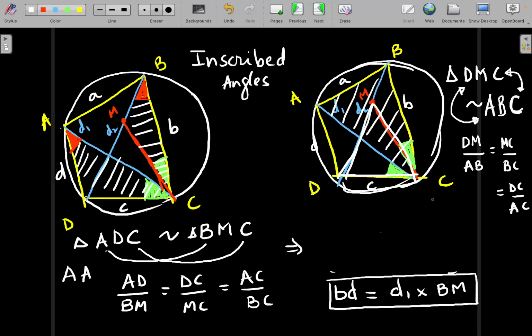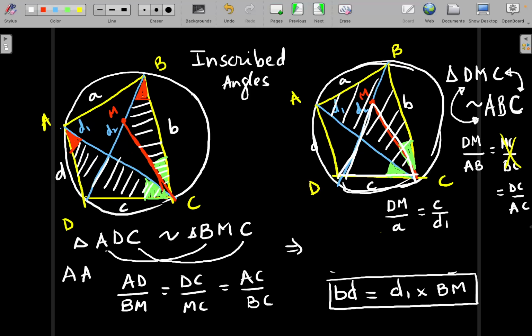DM is something that I really need. DM over AB, which is a, is equal to MC, which is something that I'm really not interested in. So once again I shall tell you that I'm not interested in MC, and now I shall continue with DC. Well, DC is c, and AC is d1.